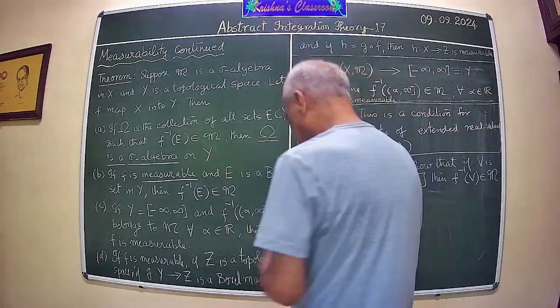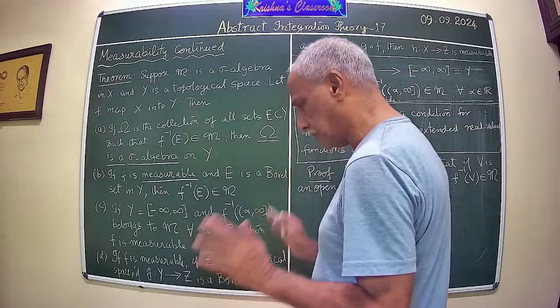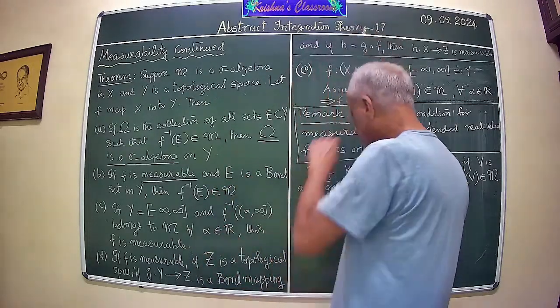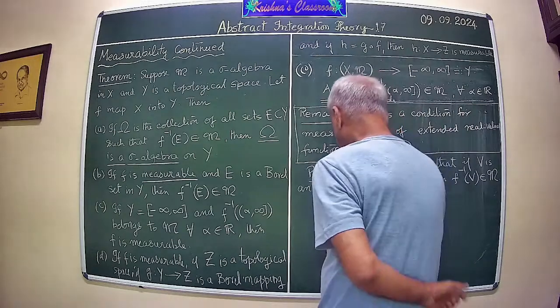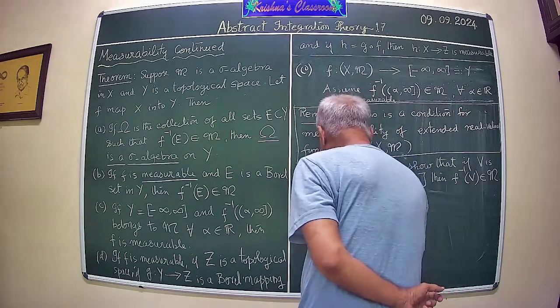So let us look at some of the properties of the open sets on the extended real line. V is open.